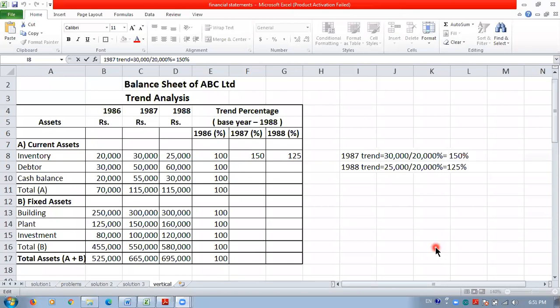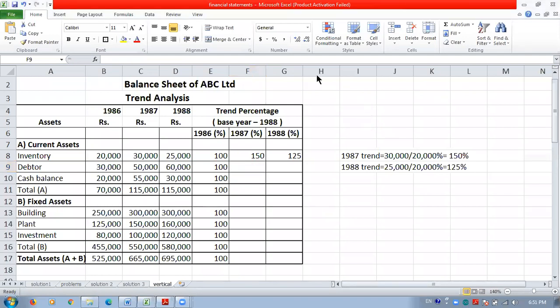What amount will be the base while calculating the trend percentage for debtor? Suppose I am calculating here the trend for 1987 in case of debtor. So what will be the base? Very good, Meghana is right.